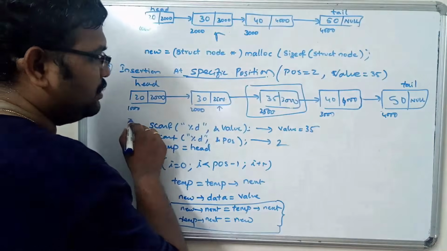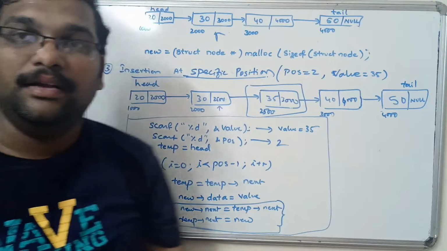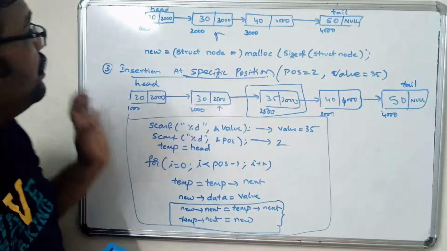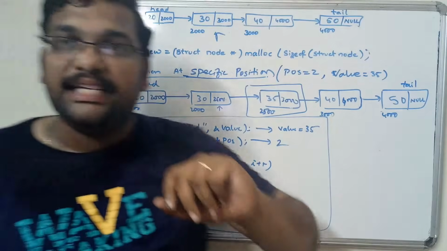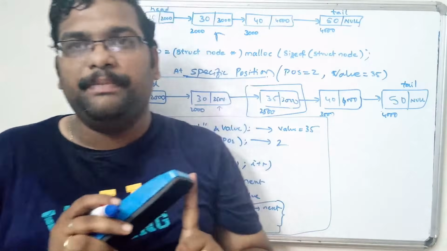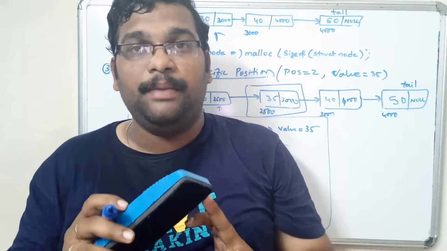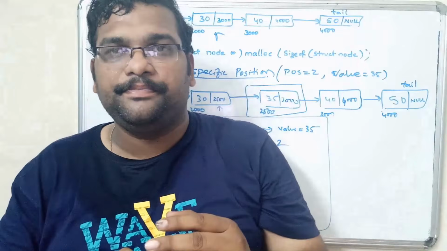So this is the code for implementing the insertion operation at the middle, right? So hope you understood this one. So the three cases are insertion of an element at the beginning, insertion of the element at the ending, and insertion of the element in the middle position, I mean the specified position, right?